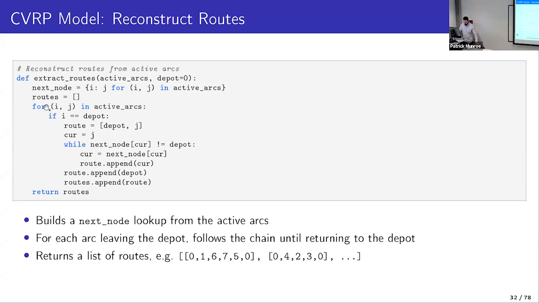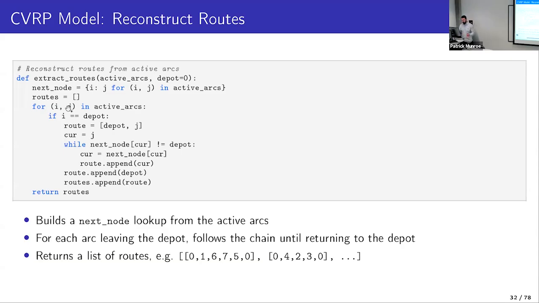While it's installing, I can go quickly over what extract roots does. If you're interested in the details of how to reconstruct the roots, you can look at this code snippet, or the code in the repository. But what it does is go through all the arcs, and if an arc is equal to 1, then all of those arcs are active arcs.